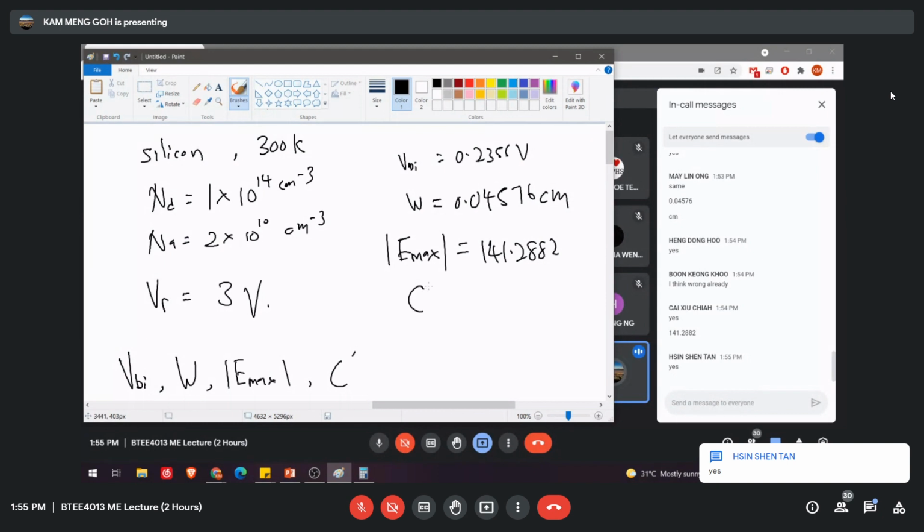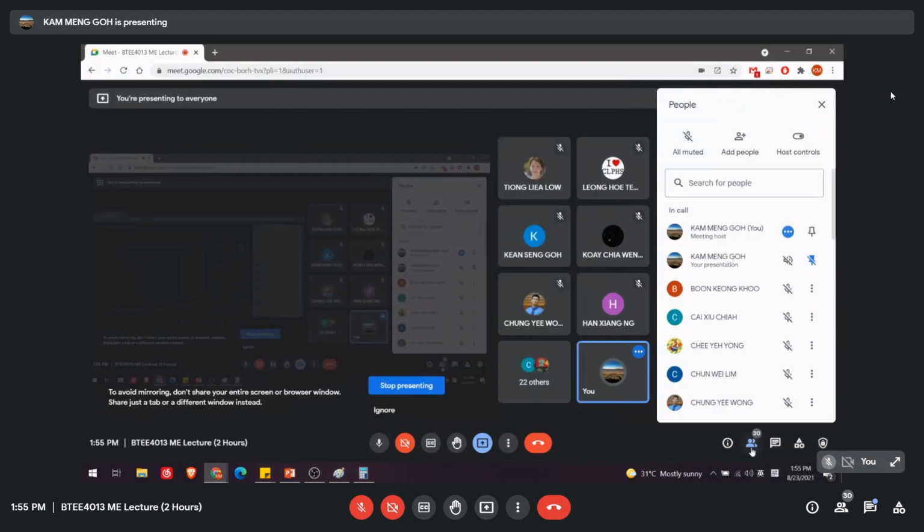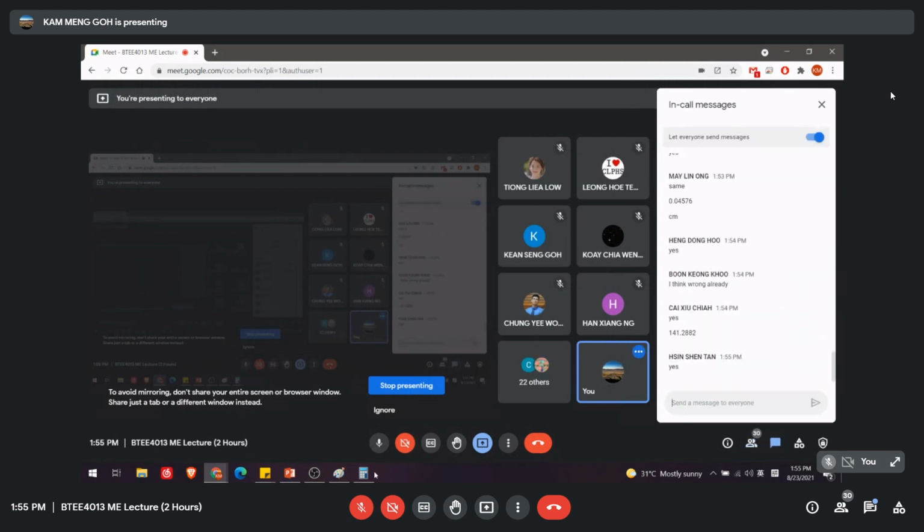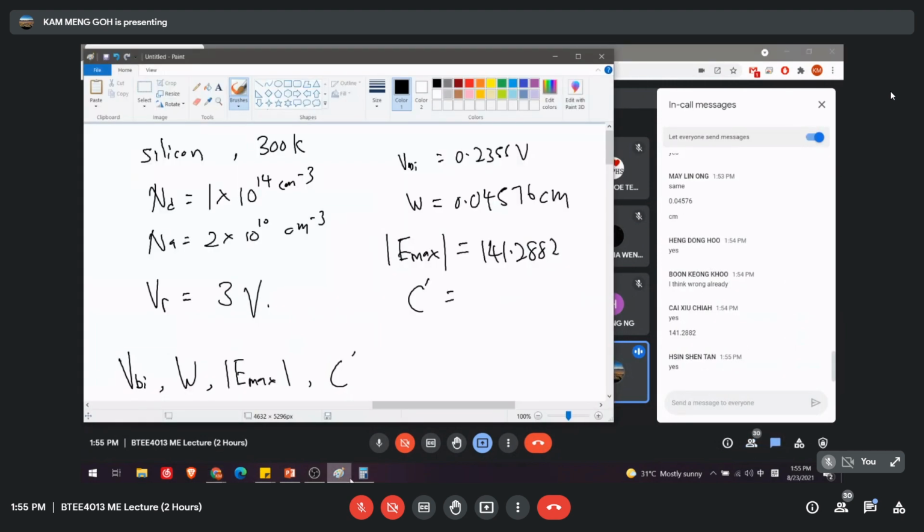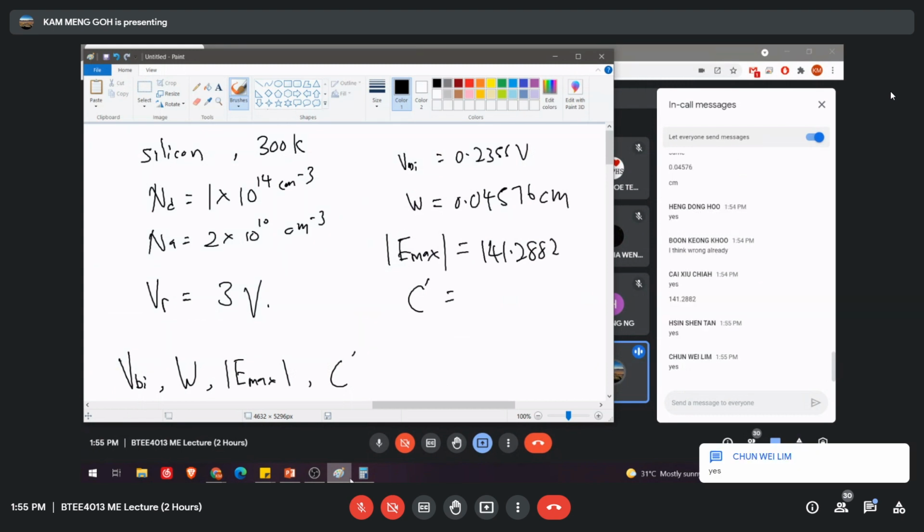Okay, then here comes the last part. What about the capacitance, junction capacitance? Lim Chun Wei, are you here? What about the junction capacitance? What do you get for this? You calculated wrongly. Okay.